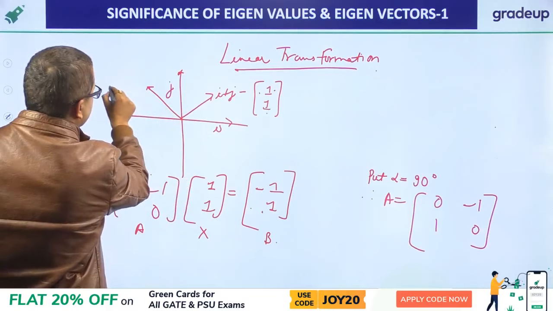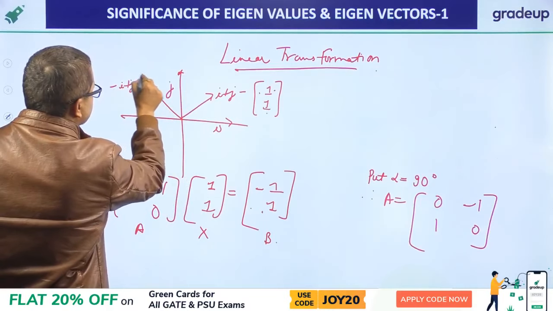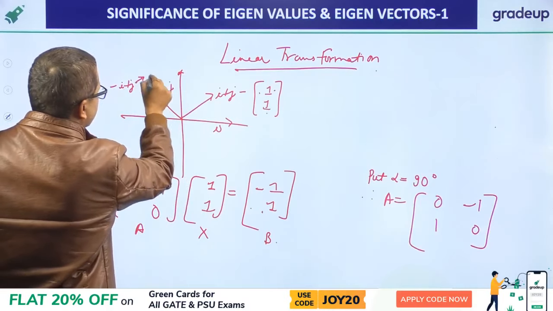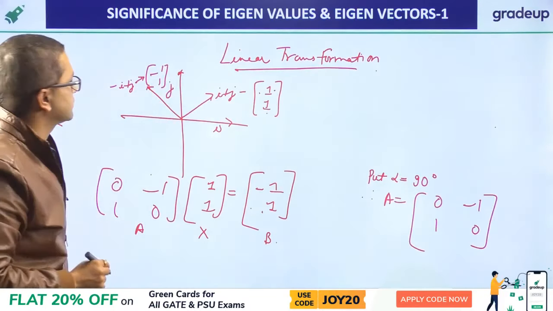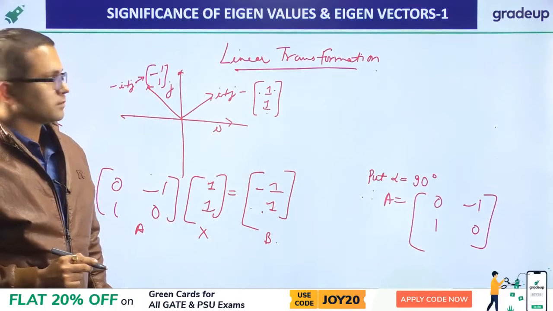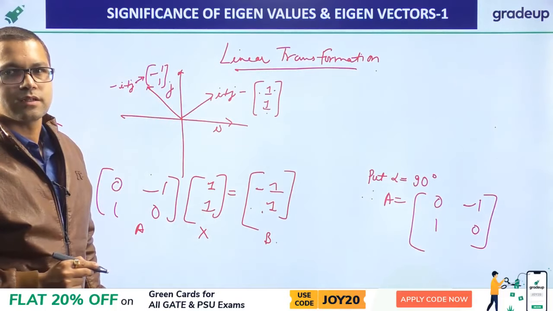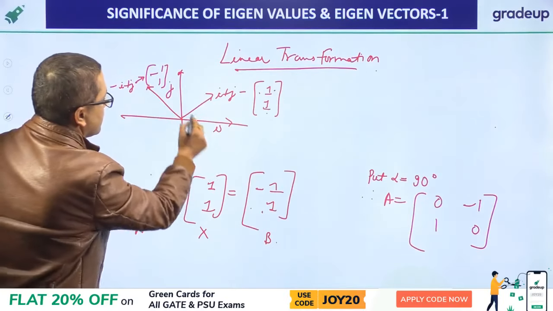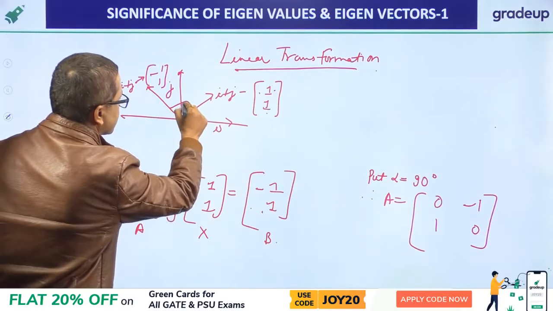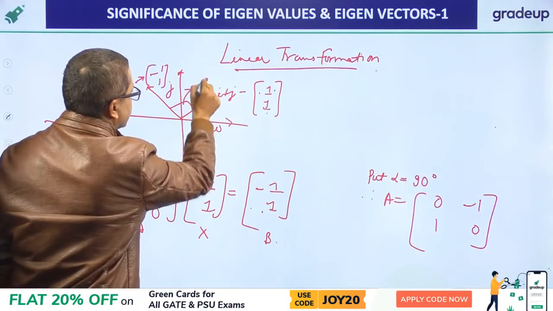This will be minus i plus j, represented by minus 1, 1. Now, you can check that this angle is actually 90 degrees.